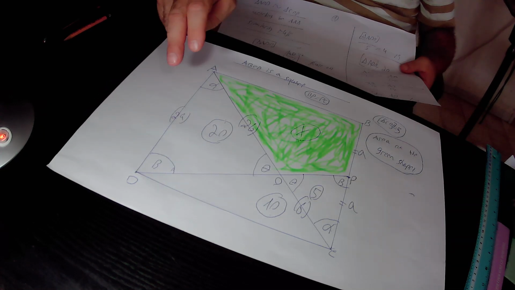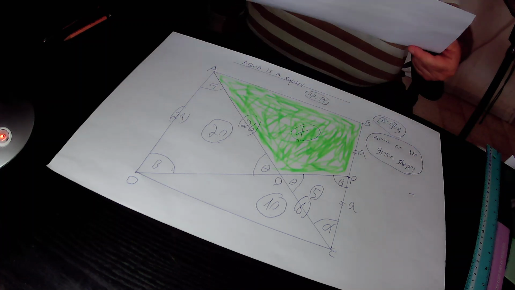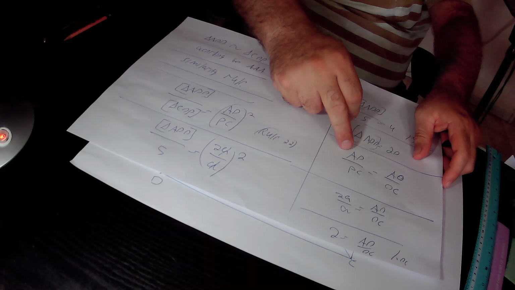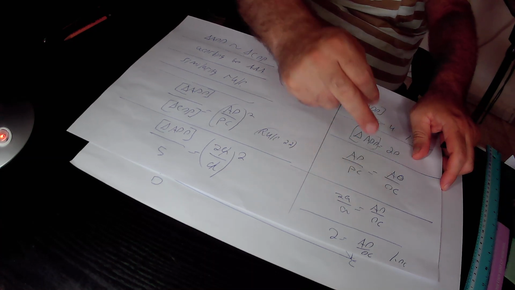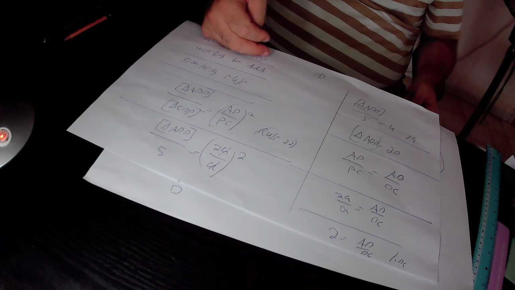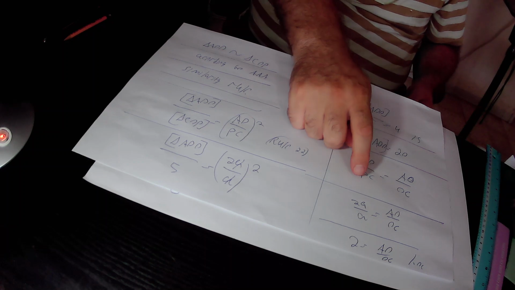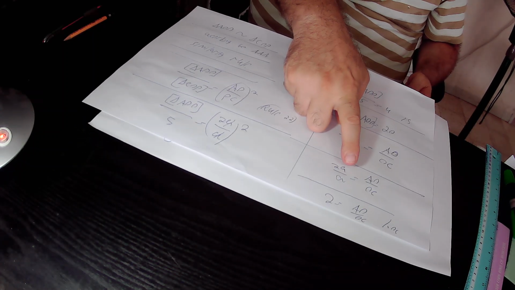AP is 2A and PC is A. So 2A over A equals AO over OC. 2A over A is 2, so A gets cancelled, and 2 equals AO over OC.